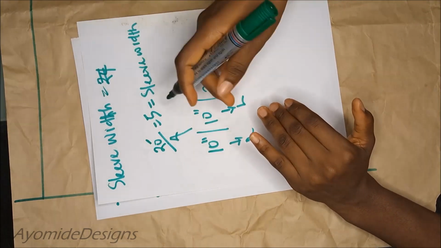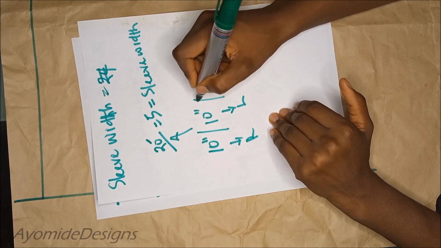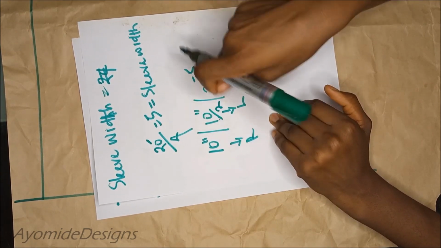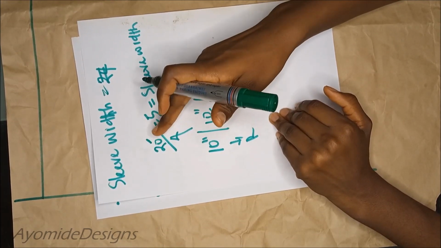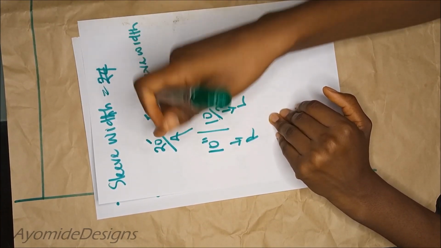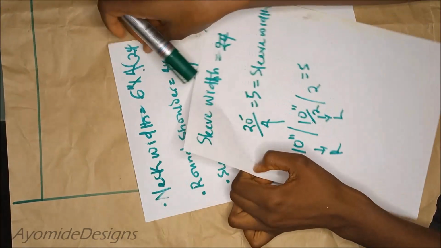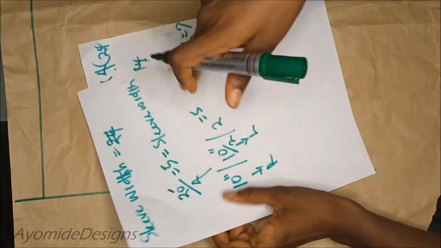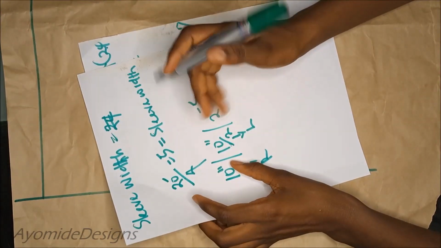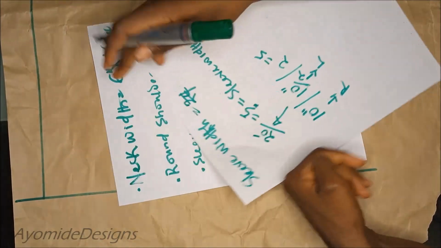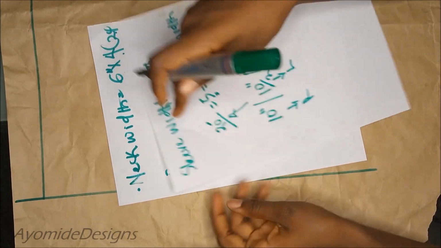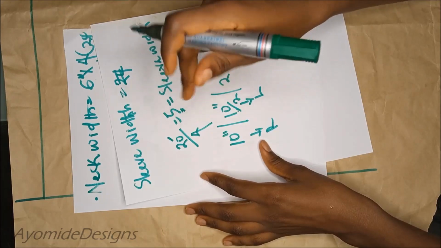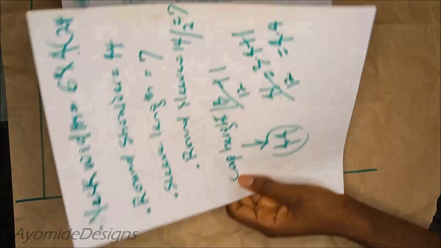And then since we are drafting our pattern on fold, you divide whatever you have by 2 to get 5. So that is how I arrived at 5. Deduct your neck width from your round shoulder, and whatever you have, divide it by 4, and my answer is 5 inches.